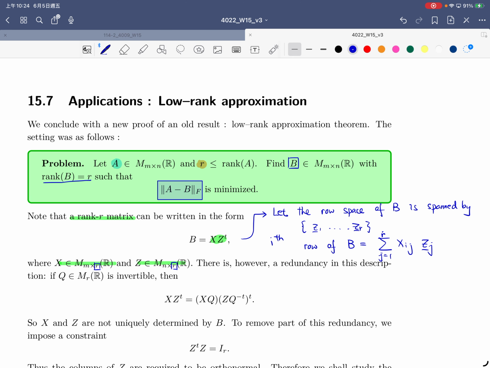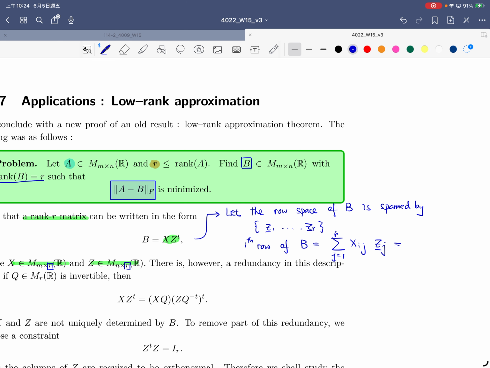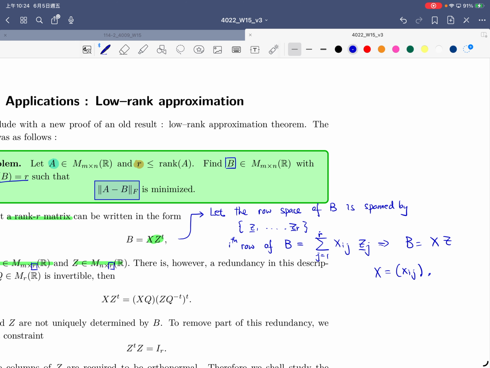Then you're essentially done. Now check, this relation would imply B equals X times Z transpose, and of course X is the matrix formed by all these x_ij, and Z is given by these column vectors. Sorry, it's a bit small. Let me make it larger.